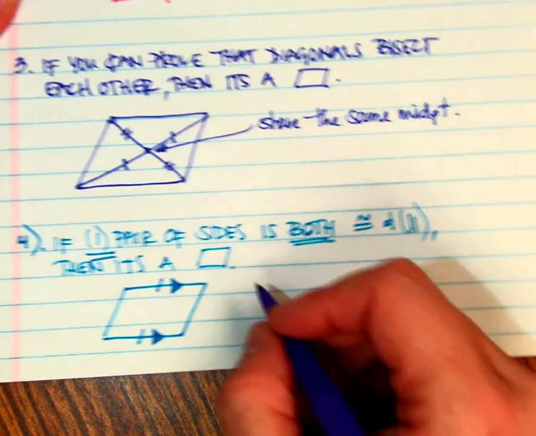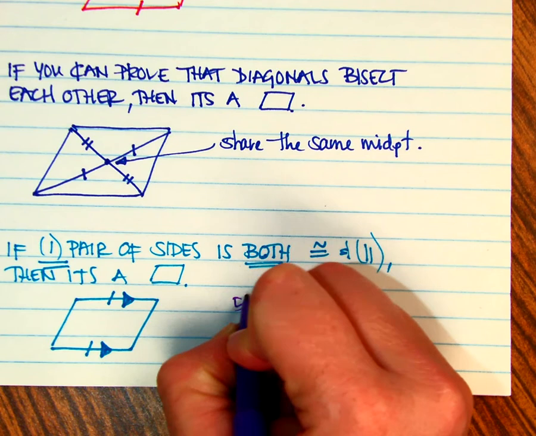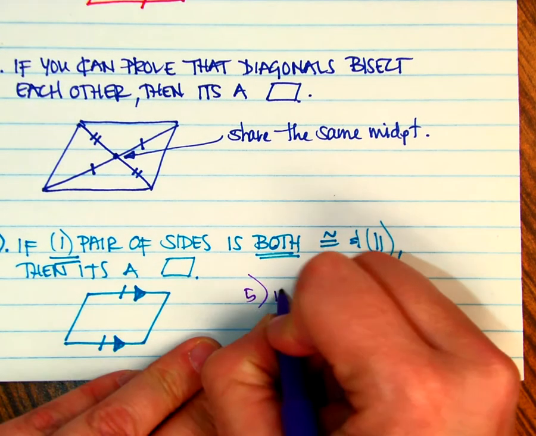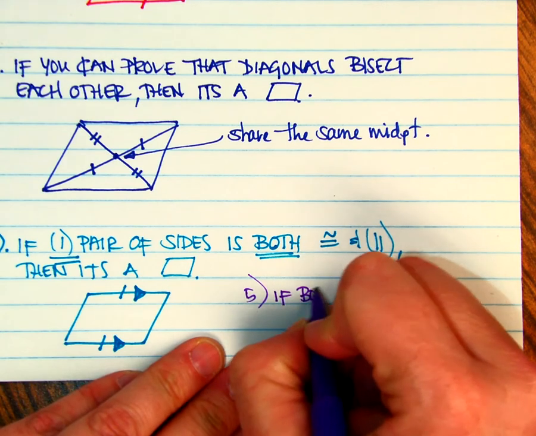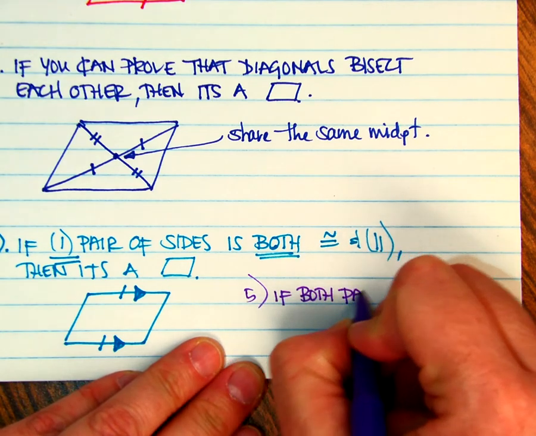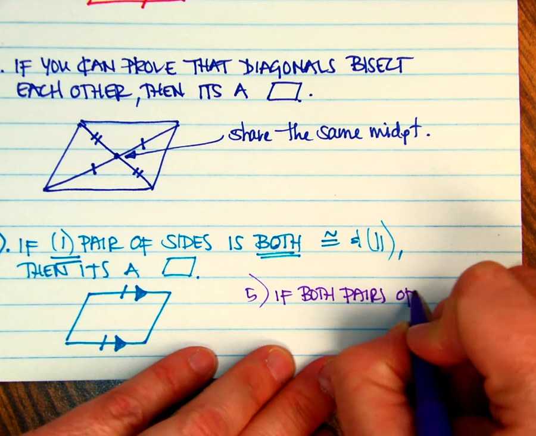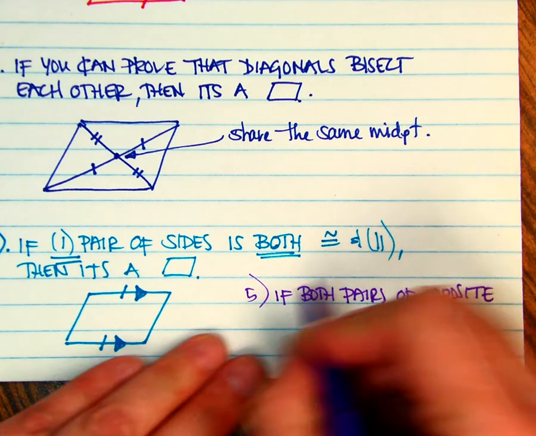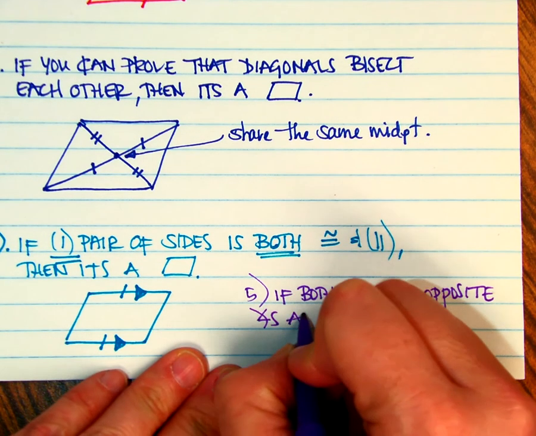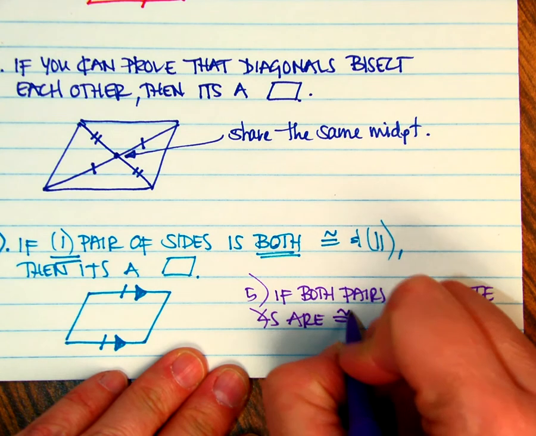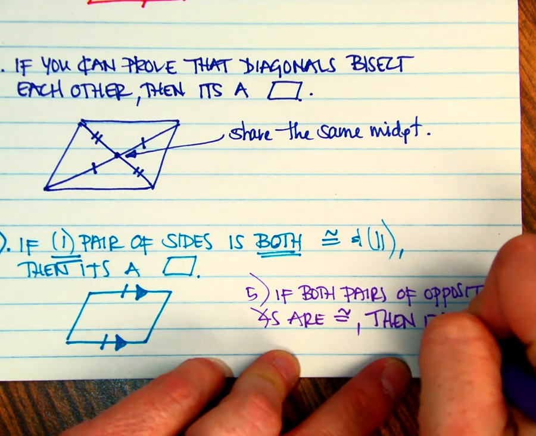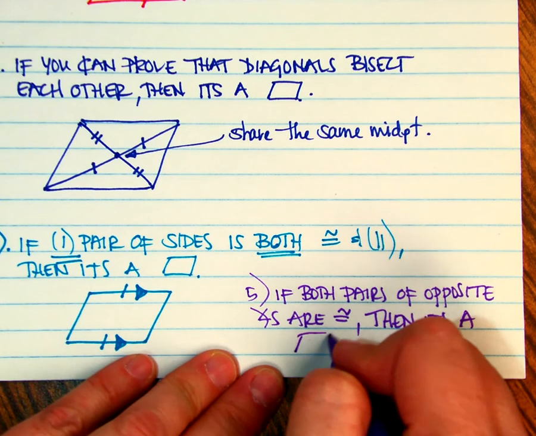The reason why I'm kind of hesitant on giving you number 5, and I'm going to squeeze it in here, is because we can't do this with coordinates, and that is if both pairs of opposite angles are congruent, then it's a parallelogram.